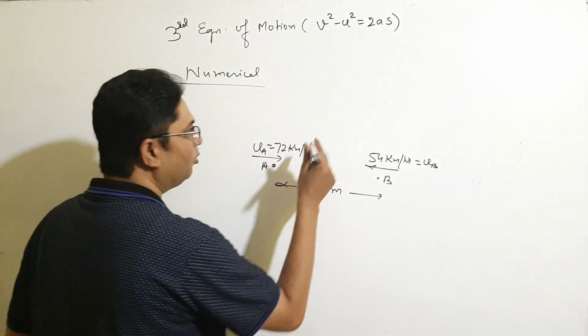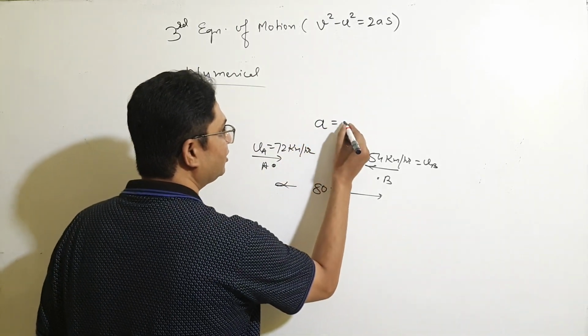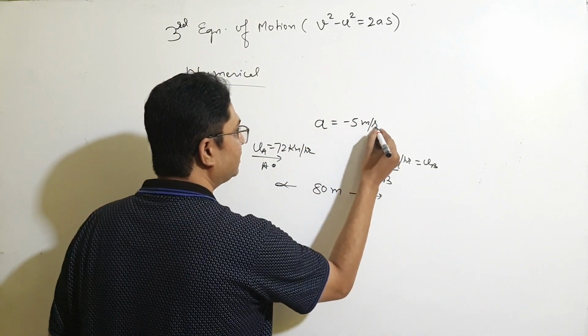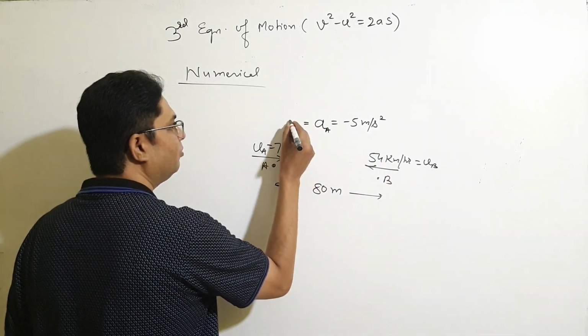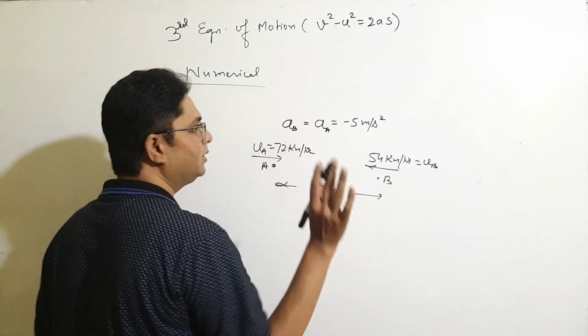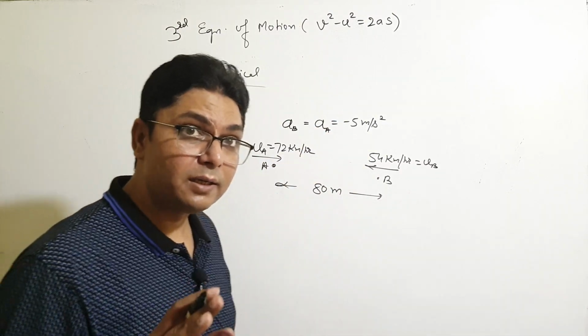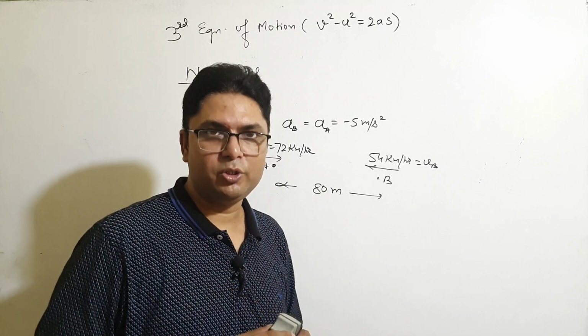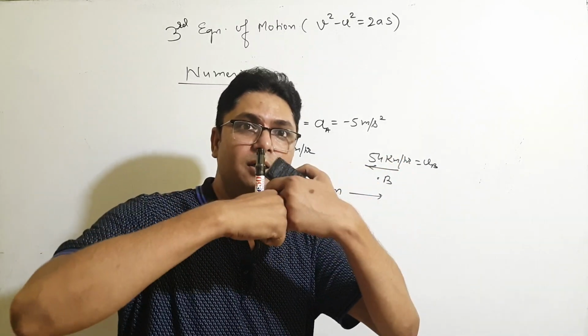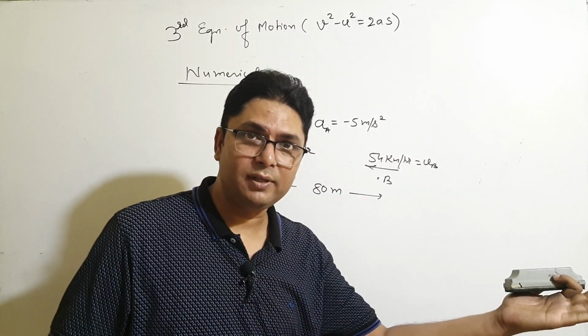This means that both have a constant retardation, minus 5 meter per second square. This is for A and this is also for B. Both have the same. Then will the collision occur or not? The question is, will the two cars collide or not?